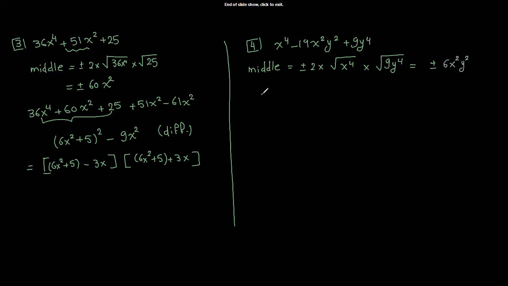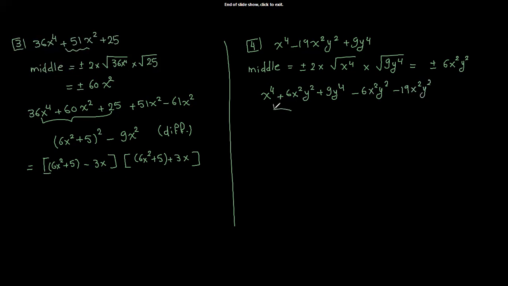So by arranging this expression: x to the power 4 plus 6x to the power 2 y to the power 2 plus 9y to the power 4 minus 6x to the power 2 y to the power 2 minus 19x to the power 2 y to the power 2.